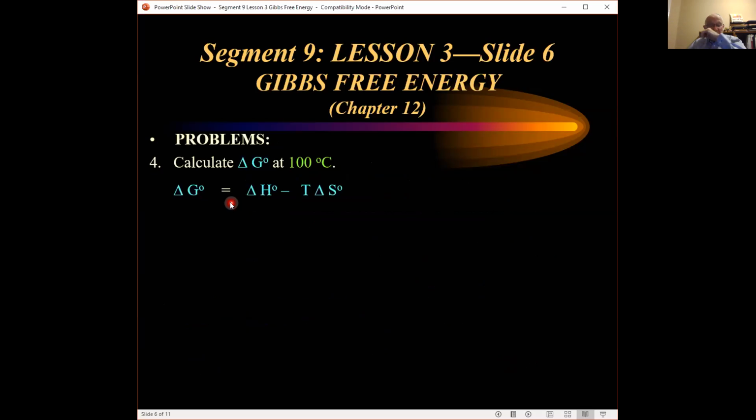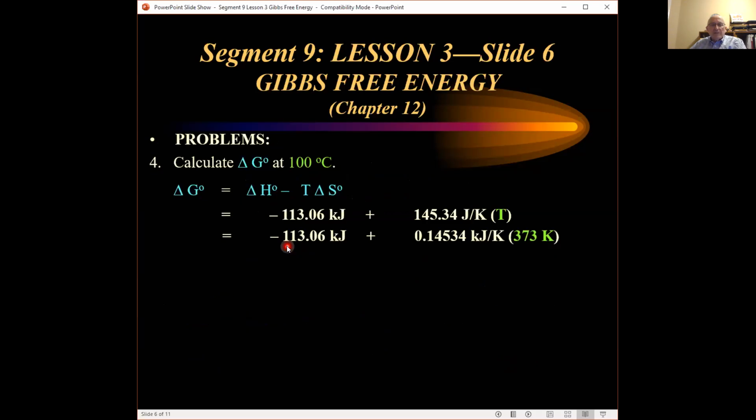Calculate the delta G at 100 degrees. Well, delta H and delta S don't change much with temperature. Delta G changes linearly with temperature. So all we have to do is use the delta H and delta S values we got from the table, and we can estimate the delta G at some other temperature.